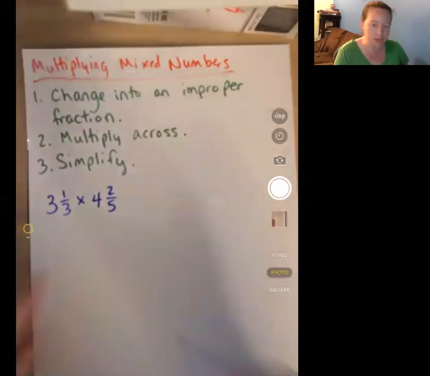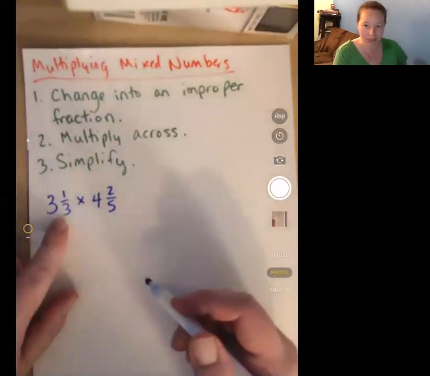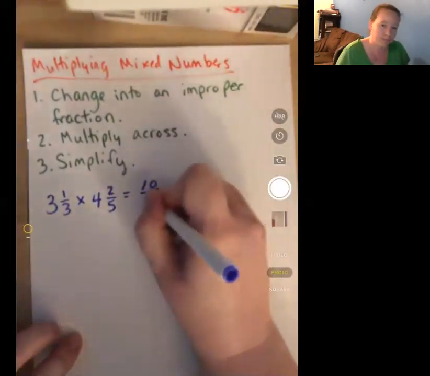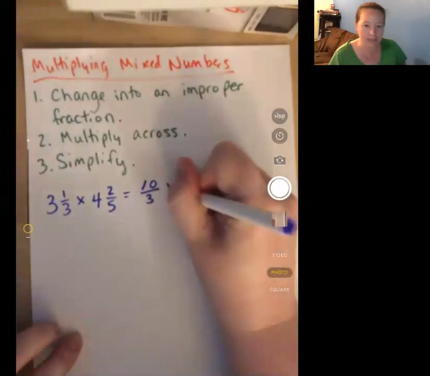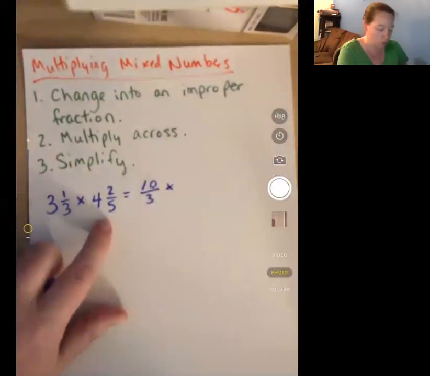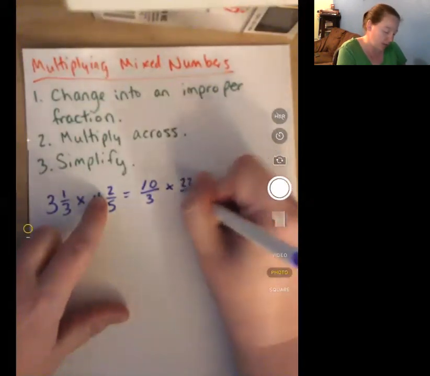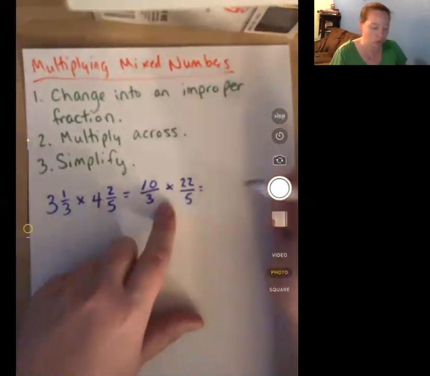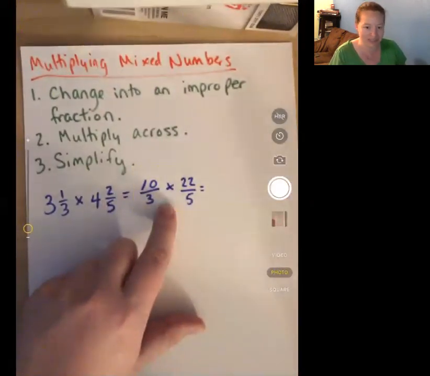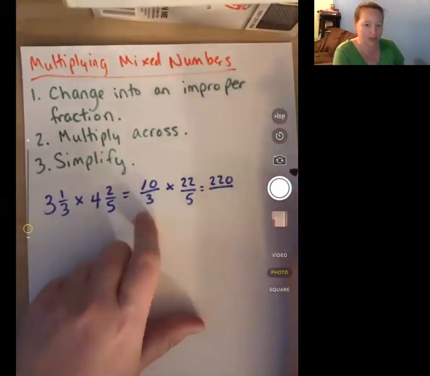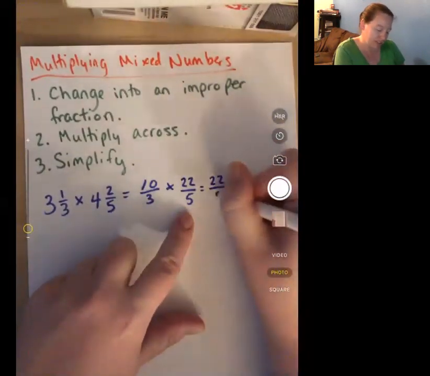I go 3 times 3, which is 9, plus 1, which is 10 over 3, times 4 times 5, which is 20, plus 2, which is 22 over 5. 10 times 22, you just add a 0 onto the end. 220 over 3 times 5, which is 15.